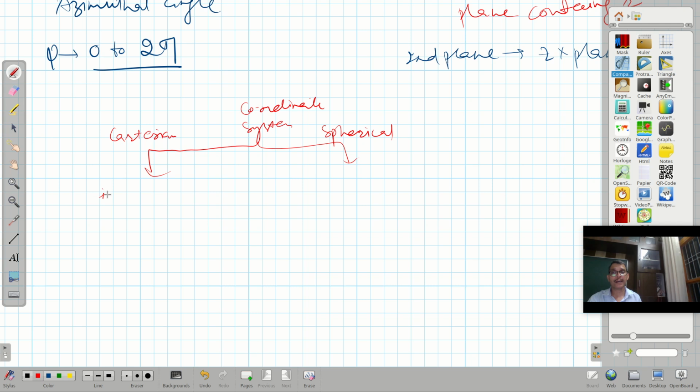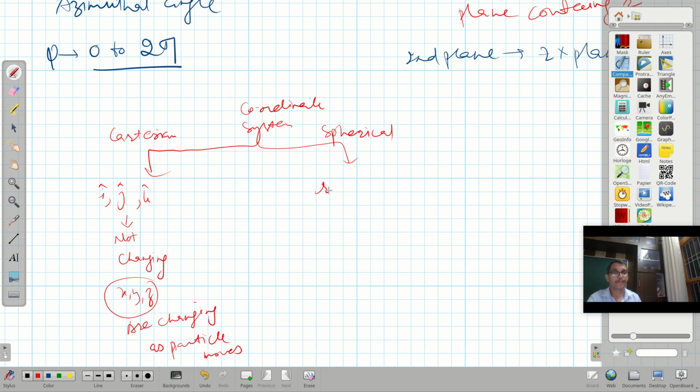In this, the i, j and k caps are not changing, but x, y and z are changing as the particle moves. But here r cap, theta cap and phi cap change as the particle moves.